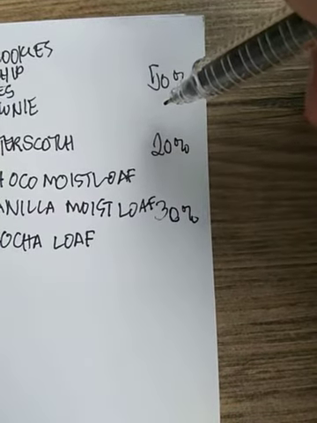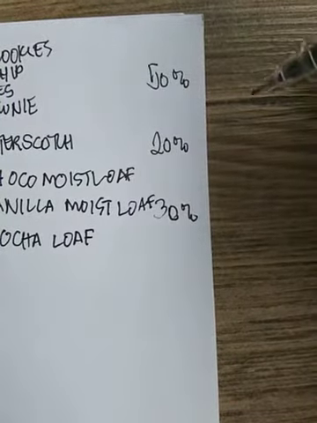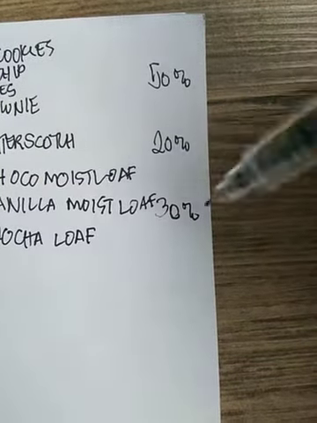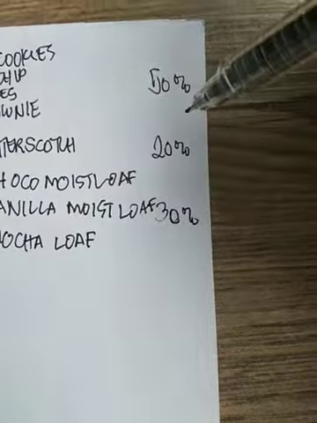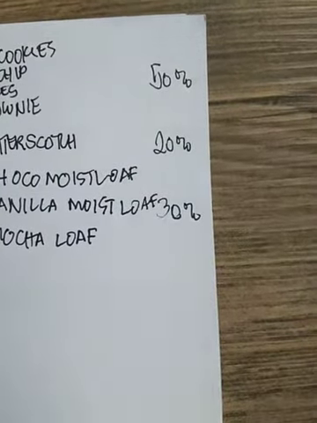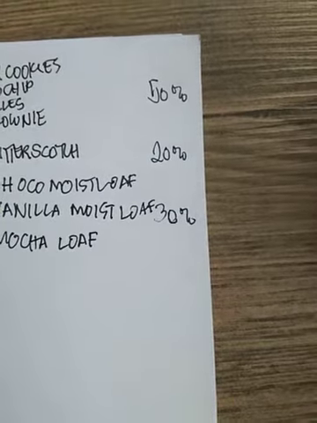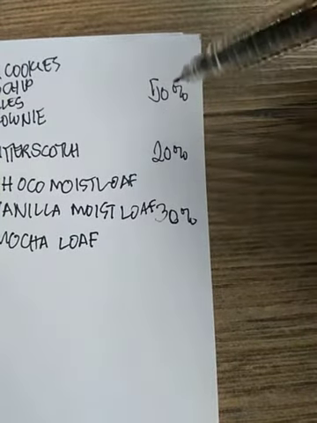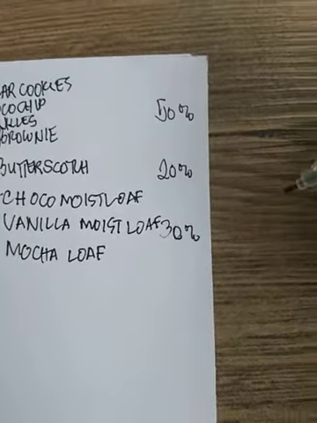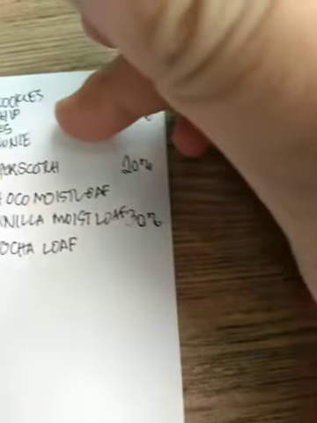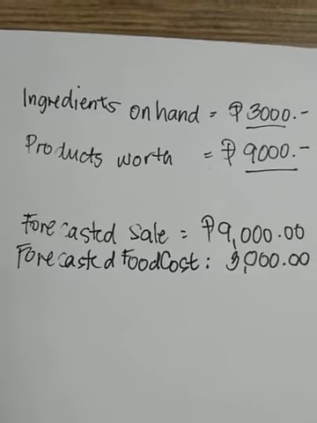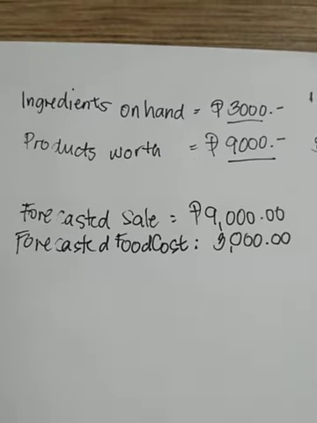So, makikita mo, kalahati ng production mo is cookies, and the other half is divided into the cake loaf and the bar. Okay? So, ngayon, ano magiging use nitong percentage na to? Kukunin mo yan from the forecasted sale and forecasted na food cost.